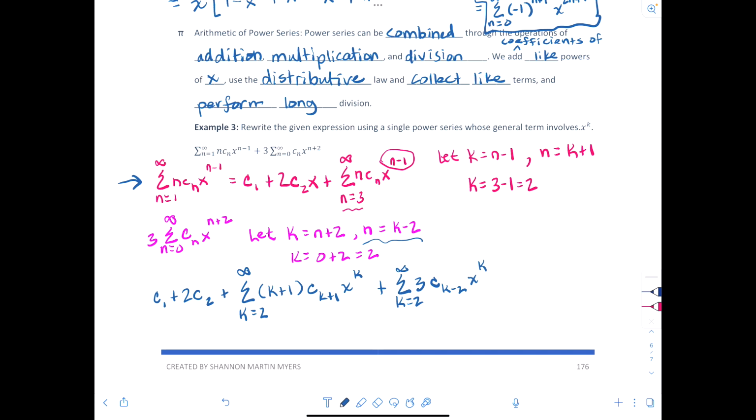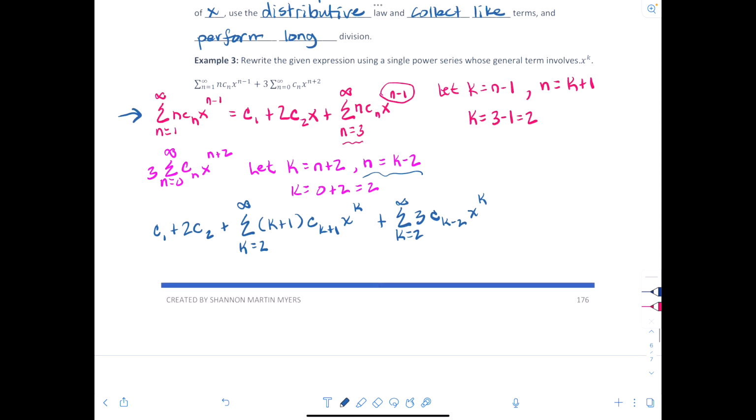Cool so far? So now they both have the same starting point on the summation and the same power of x. So we're in business. So that's going to equal to c1 plus 2c2. Plus, we'll do one happy summation as k goes from 2 to infinity.